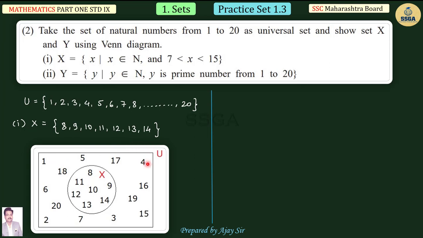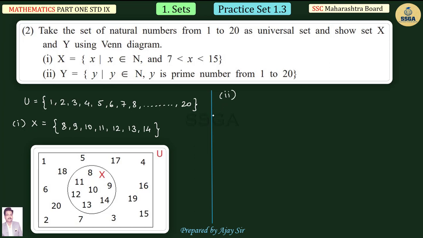This is the representation of this set using a Venn diagram. This is the first part, and U stands for the universal set. Combining X and the remaining elements gives the universal set, which will be shown by U. This is the set X. Let us start the second question.